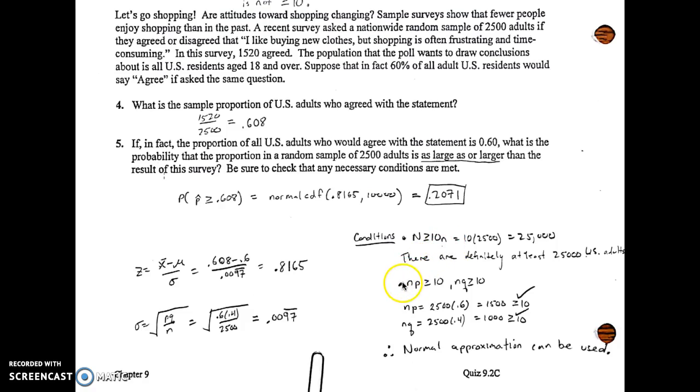The other condition that you have to check is that np and nq have to be greater than or equal to 10. So I checked that down here. n is 2,500 and p is 0.6. 2,500 times 0.6 gives you 1,500, which obviously is greater than or equal to 10. Similarly, nq is 2,500 times 0.4, which gives you 1,000, and that's also greater than or equal to 10.